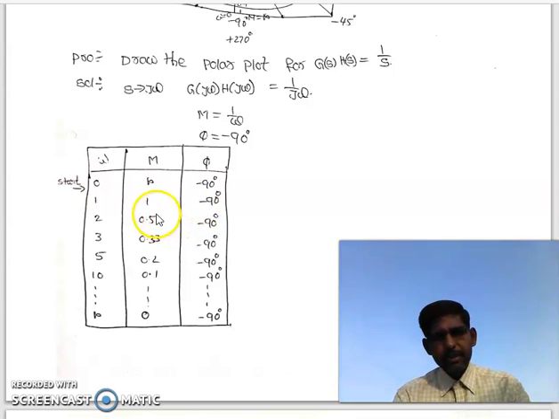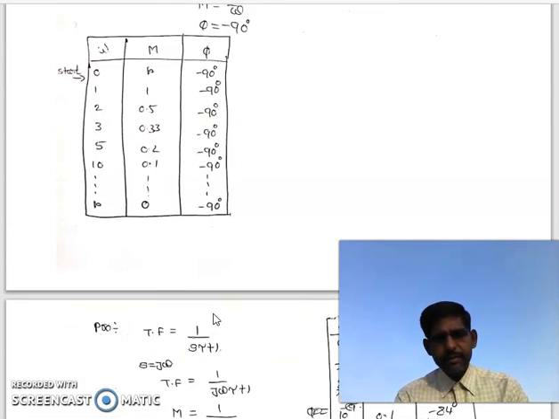The magnitude is inversely proportional to omega. For omega equal to 5, the magnitude will be 0.2. For omega equal to infinity, the magnitude will be 0, and the phase angle, being independent of frequency, will be minus 90 degrees for all the frequencies.